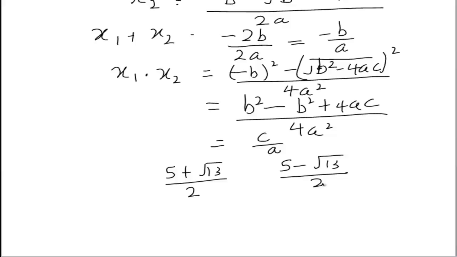and so your sum of the roots is 5, and the product of the roots is equal to, as I told you, the difference of two squares, which will be 25 minus 13, which is 12. 12 divided by 4, which is 3.